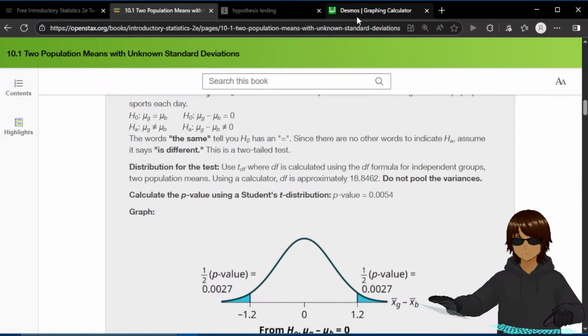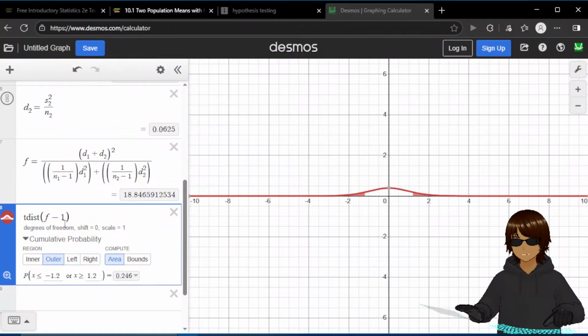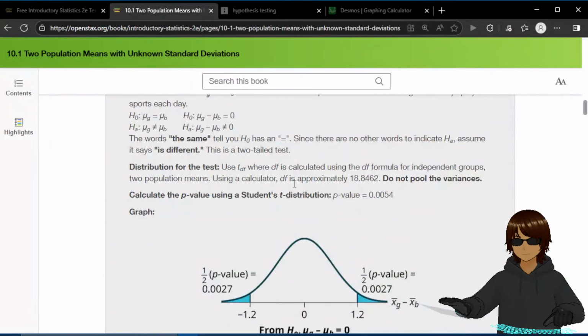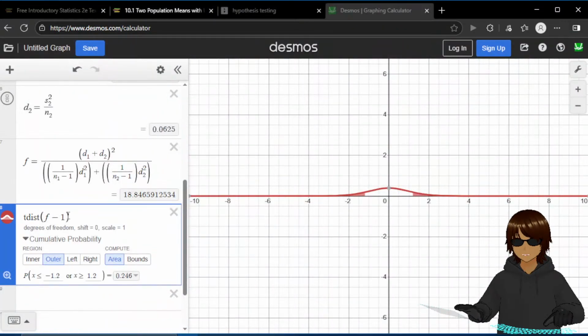So I'm using the t distribution. Degrees of freedom, we already accepted 18.8462. So degrees of freedom minus 1 is 17.8462, but it doesn't make a difference.